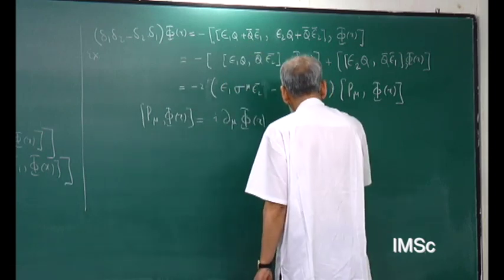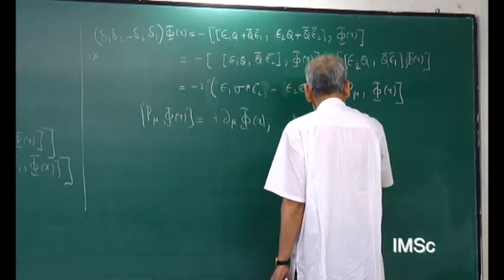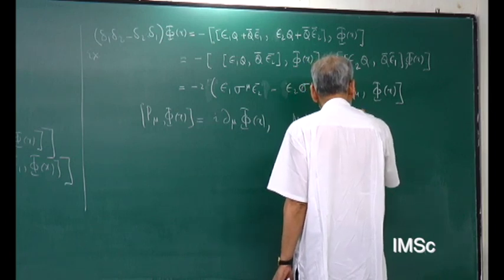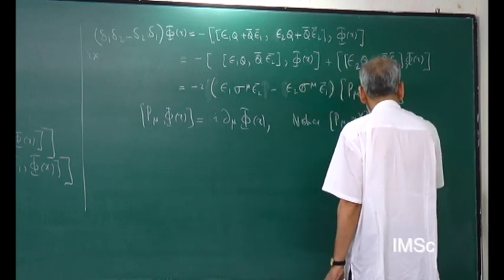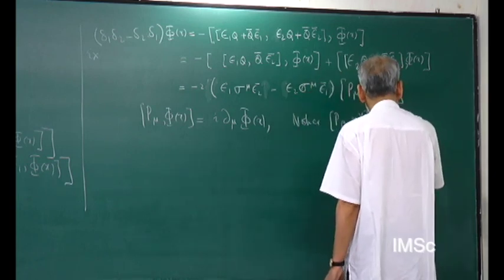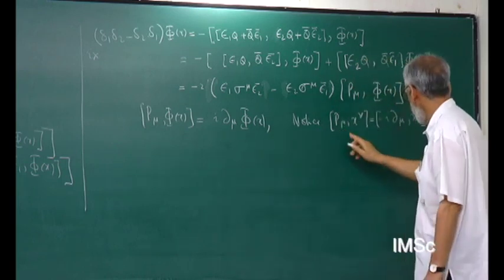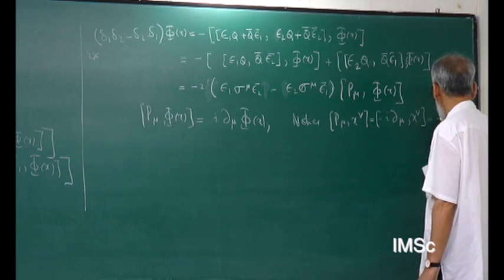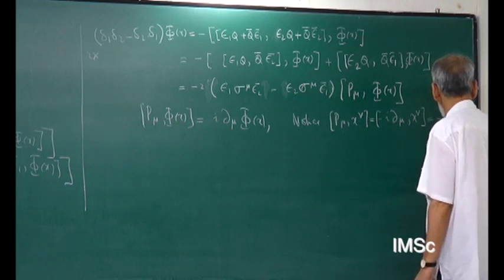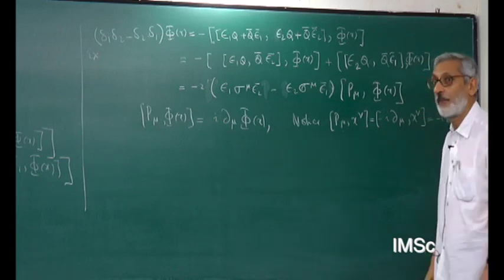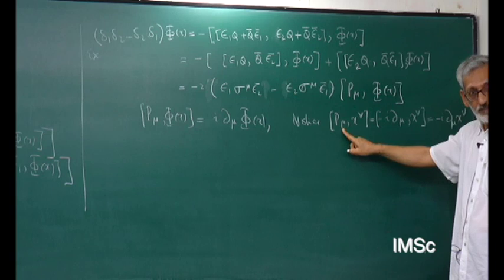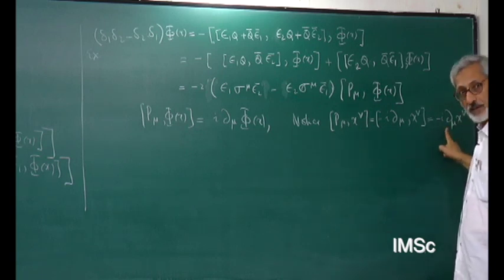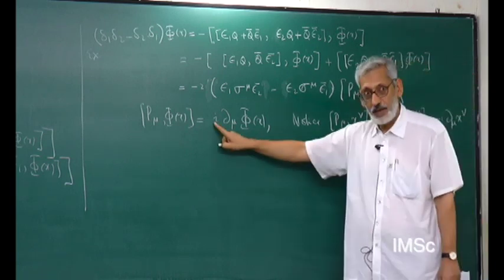Notice P mu on x nu acts as minus i d mu on x nu. The translation operator P mu, momentum, on x nu acts in this way, but on fields it acts with an important sign.